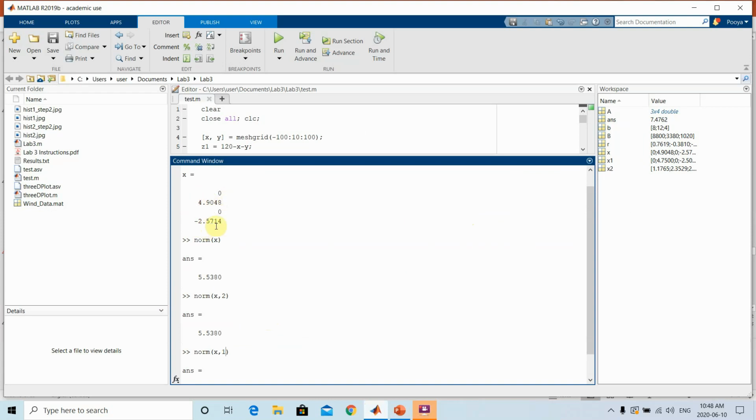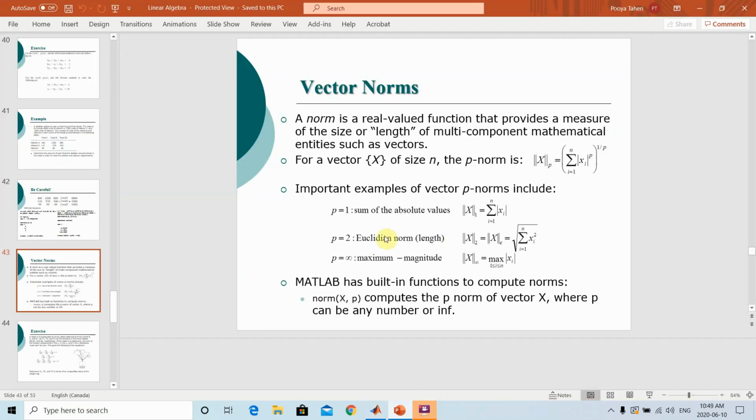So this is basically 4.9 plus 2.57. And I can also find the norm using the infinity norm definition. If I use Inf, it gives another result: the maximum absolute value of all the elements. Most of the time we focus on the Euclidean norm because this represents the length of a vector.